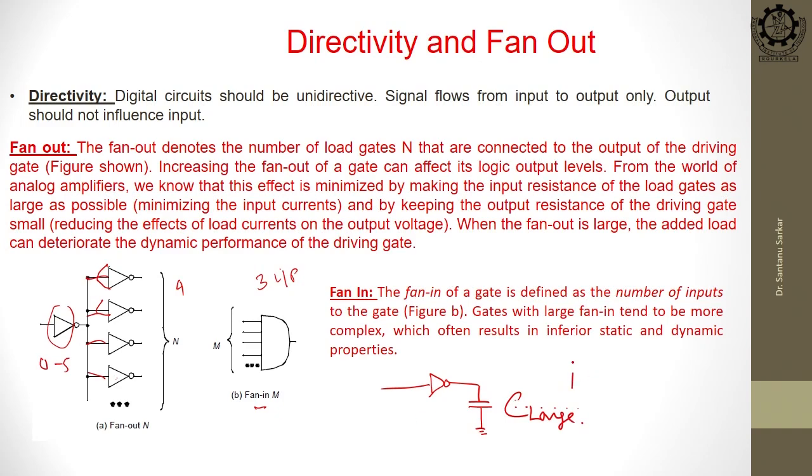You are giving this kind of signal, and if your load is more, what will happen? This square wave will no longer be a square wave, it will become an exponential. It will take time to reach. So if your load is increasing, this will die down, clear.